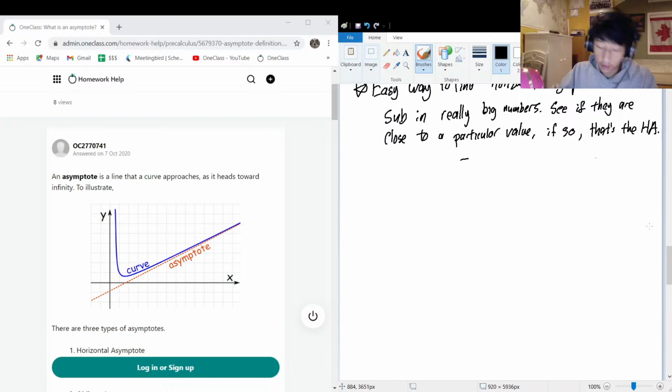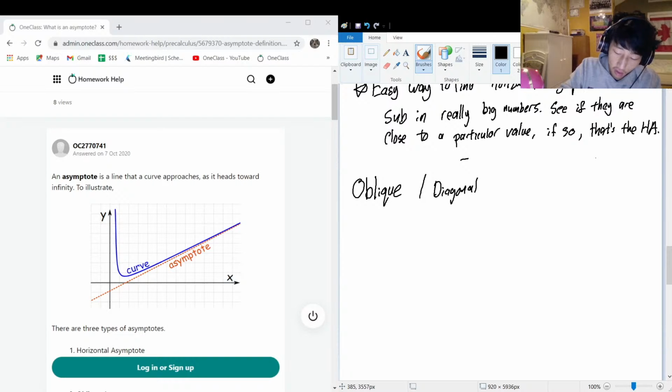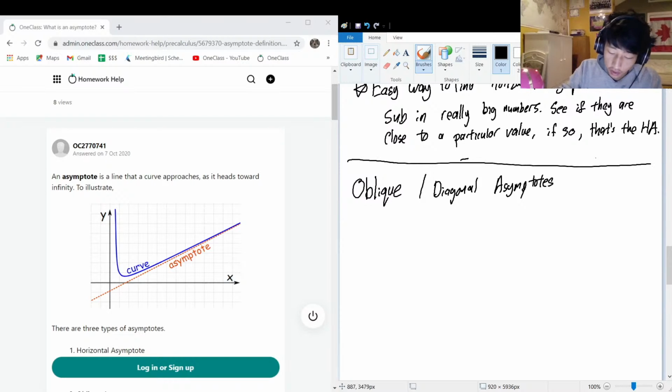The last type of asymptote that we've got is oblique asymptotes. You might also hear them called diagonal asymptotes. These are not related to the obliques on the side of your stomach, your ab muscles.